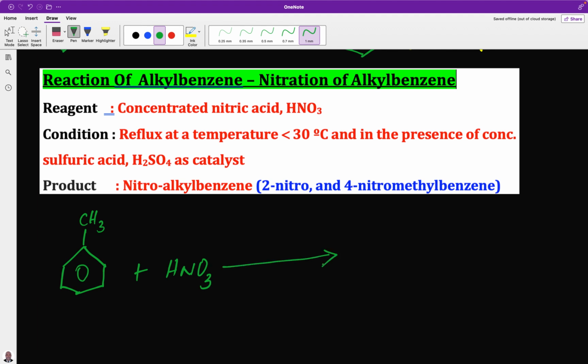We will have the NO2 at the second and fourth position, plus water.